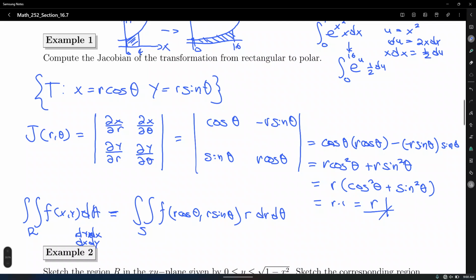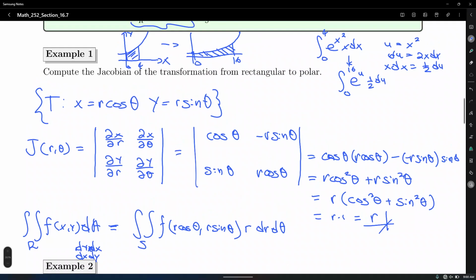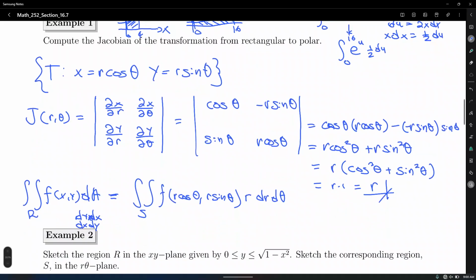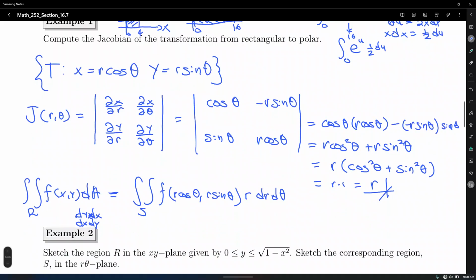Multiply by the factor of r. In a similar way that we needed to multiply this region by a half to get the equivalent area, but in this case, it's to solve a problem in an easier way, right? So now you have another way to derive the element of area for the polar system: simply find the Jacobian of the transformation. All right.